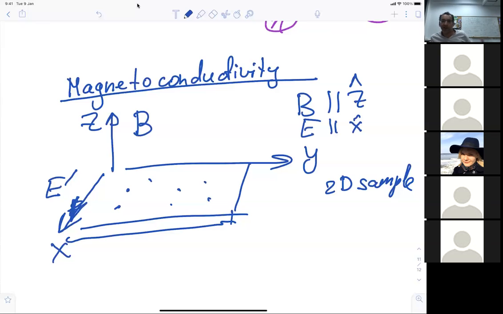Now, why is the magnetic field important? What does the magnetic field do? Why do we want to account for this field?